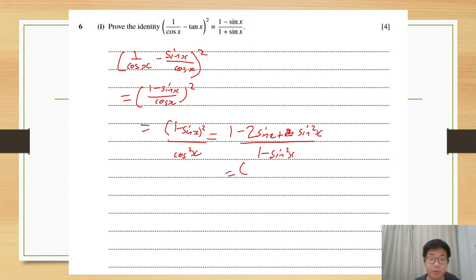And then we'll write the brackets and then we factorize it again. Sometimes you don't need to factorize, but I like to just expand and factorize again. And then, by the difference of squares identity, this equals (1 minus sine x) over (1 plus sine x).